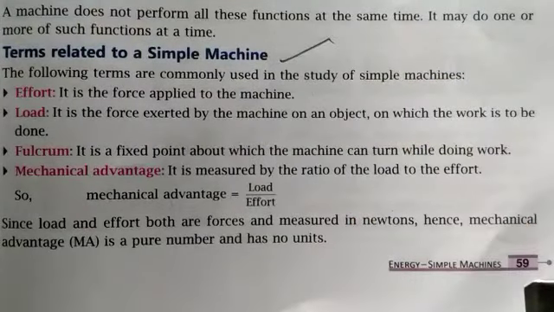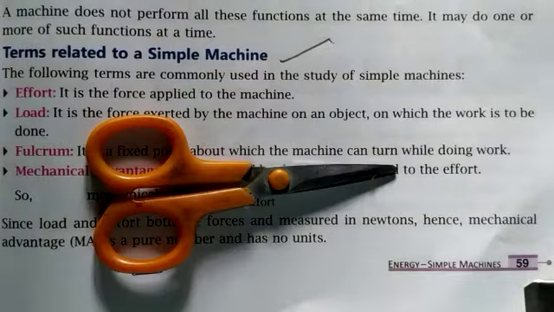The next term is load. It is the force exerted by a machine on an object on which the work is to be done. Let's take an example. Suppose a scissor is kept here.